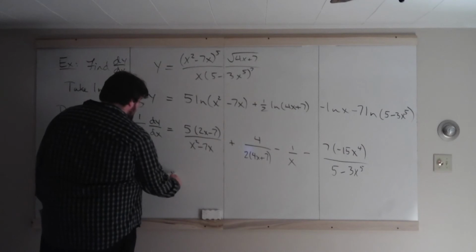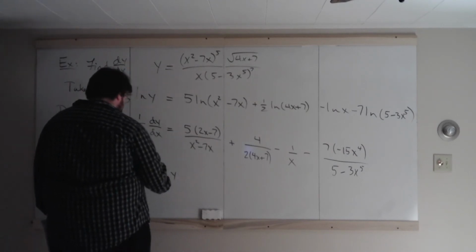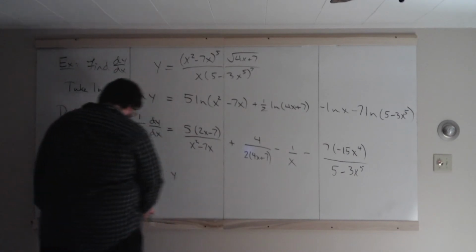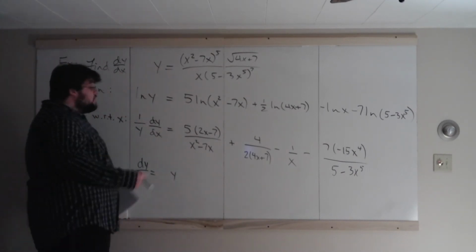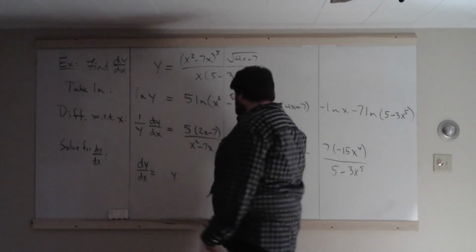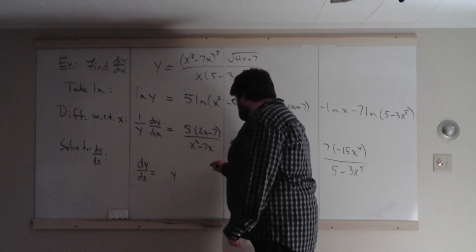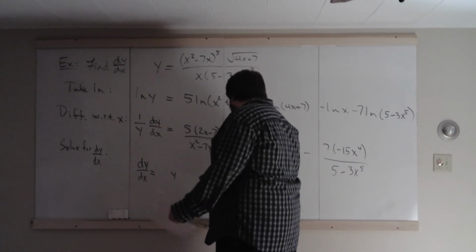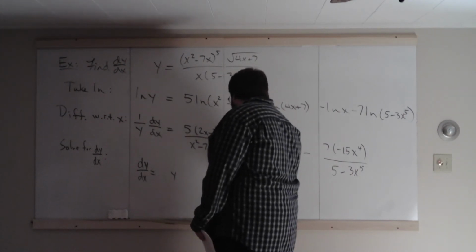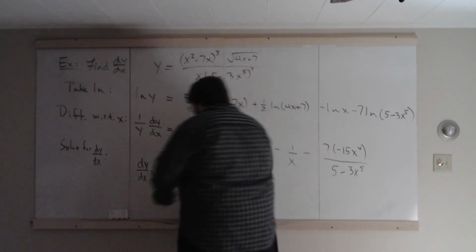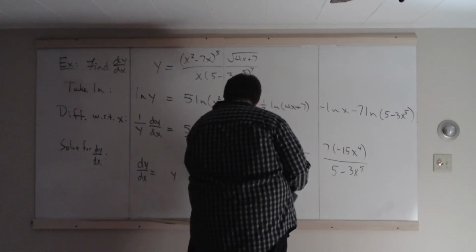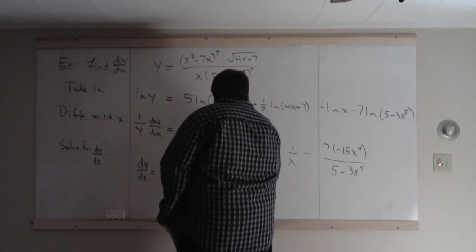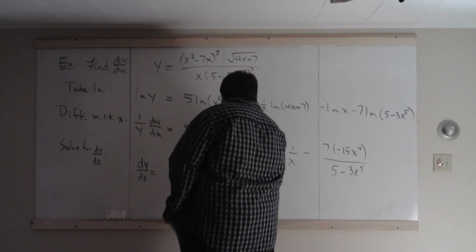Dy dx equals, what does it equal? Well, it equals y, and then times all of this. I'm going to do a board trick here, and notice I'm leaving a gap. I'm going to distribute that 5 through, I guess. 10x minus... okay, 5 times 7 is 35. 10x minus 35 all over x squared minus 7x.